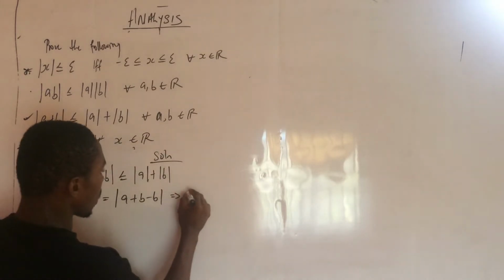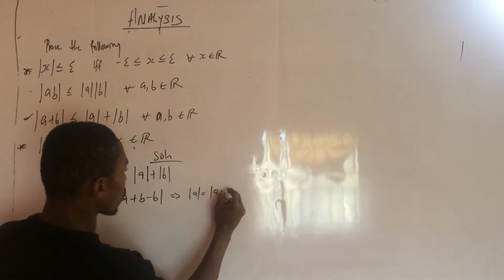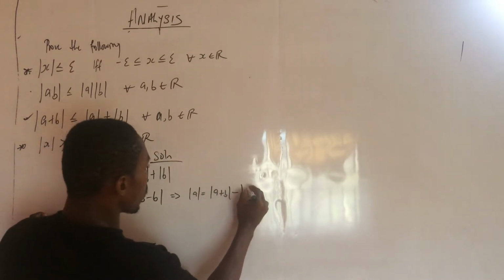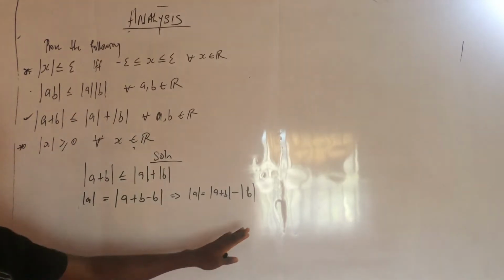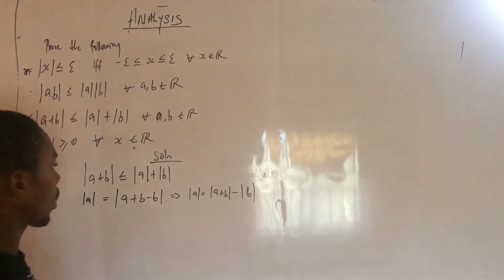So now this implies that the absolute value of a is equal to the absolute value of a plus b minus the absolute value of b. I believe I'm correct. I just brought this one outside with the minus sign, right?